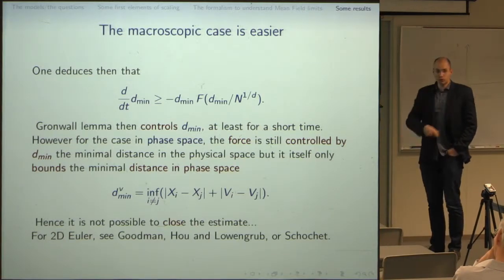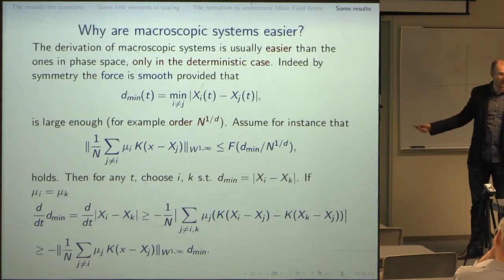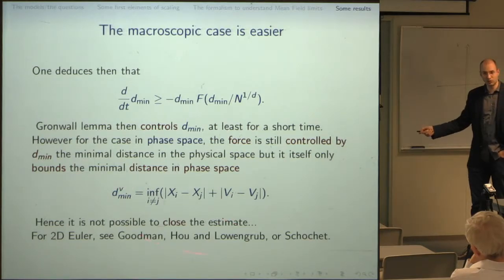The problem when you're going to second order phase space model is that the force is still controlled by the minimal distance in physical space. But this is not true because it's second order. What the force controls is not the minimal distance in physical space, but the minimal distance in phase space.